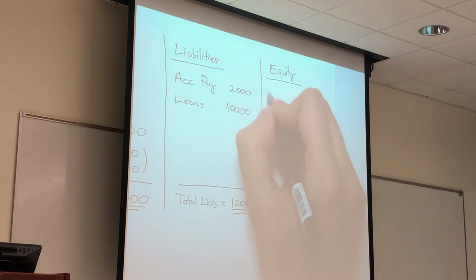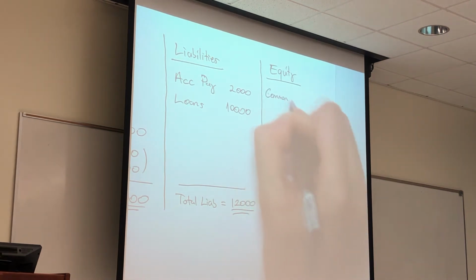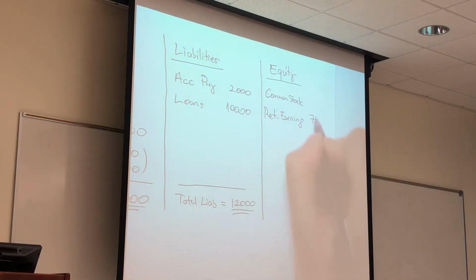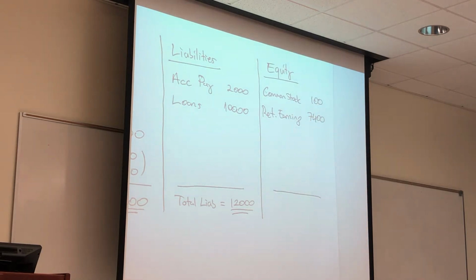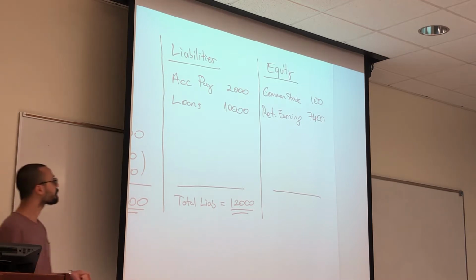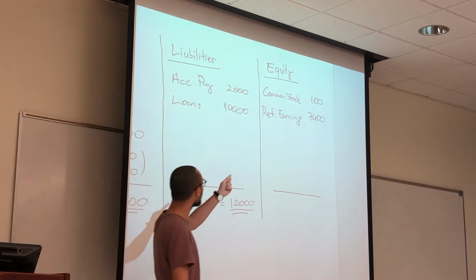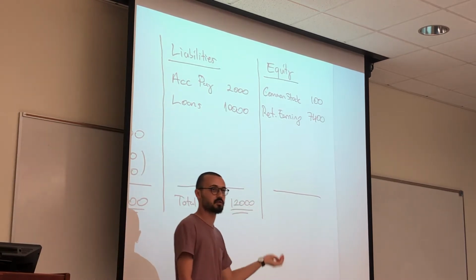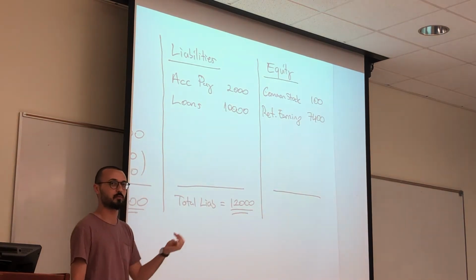So, in equity we have common stock, the money that we got from the common stock, we owe to the common stock, and retained earnings. Okay. So, we know that equity must be equal to 17,000, right? But I don't think 100 plus 7,000 is going to be 17,000. So what are we going to do?